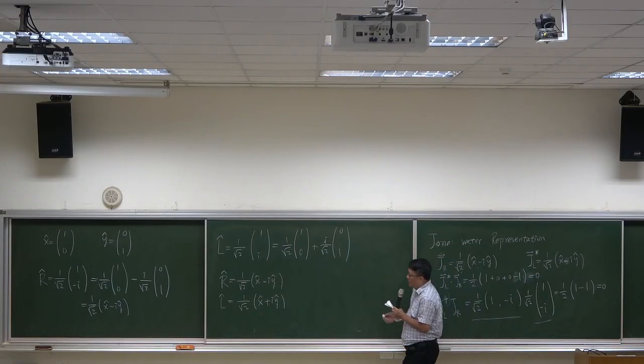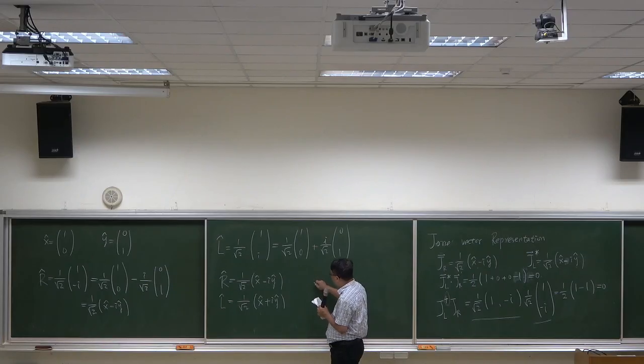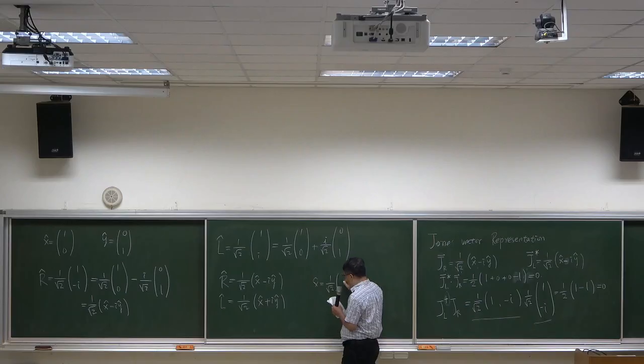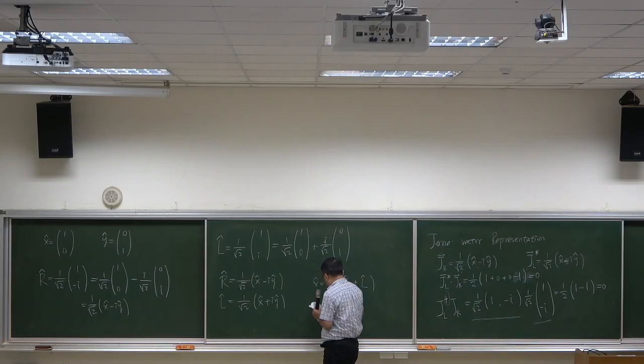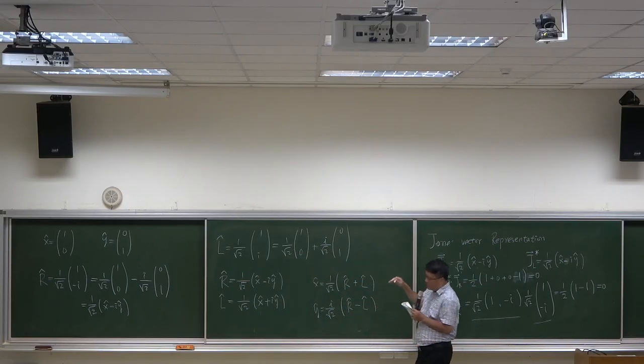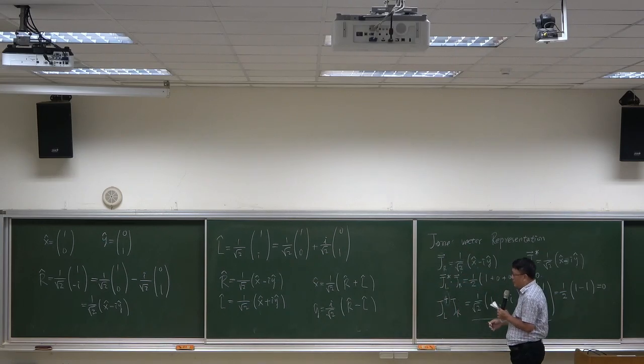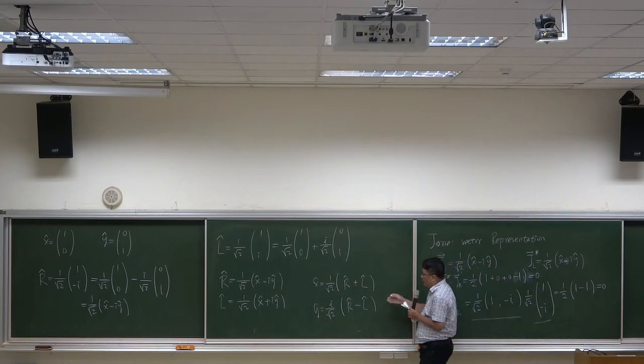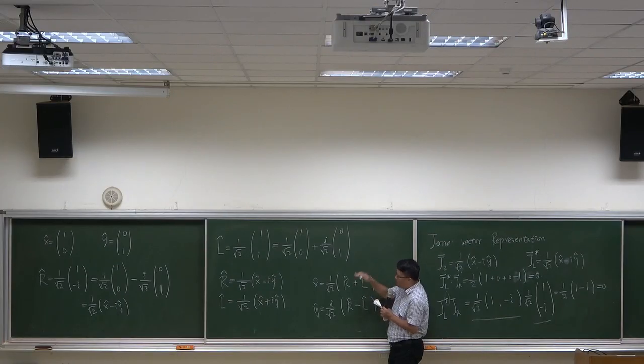However, you can also use right-hand and left-hand circular polarization as the basis vectors, and their superposition gives us all kinds of polarization.